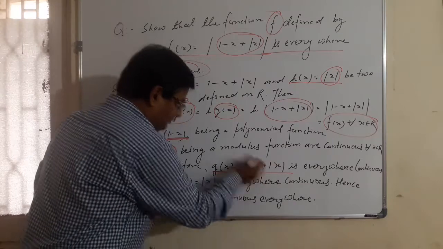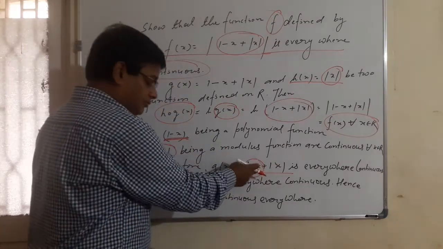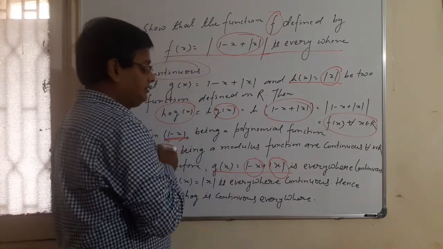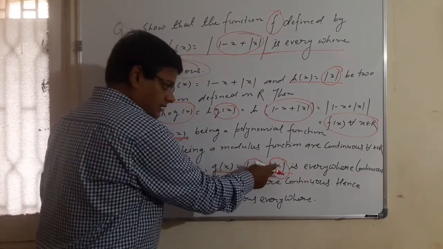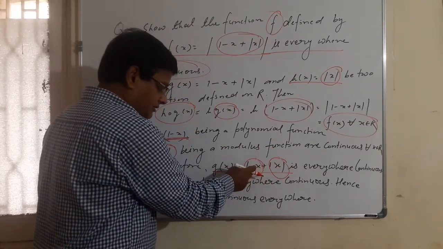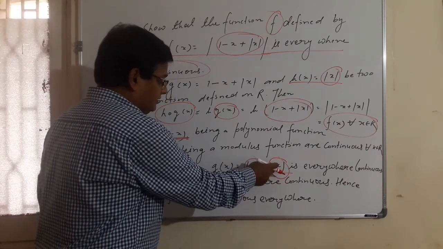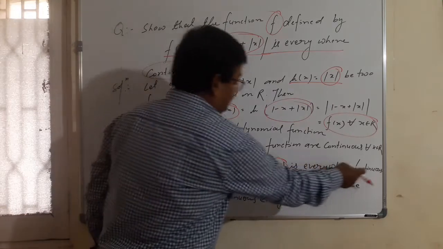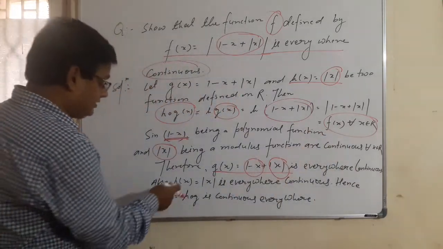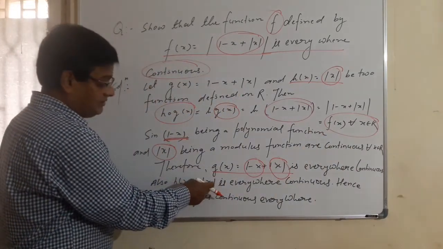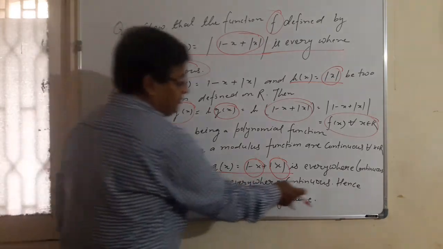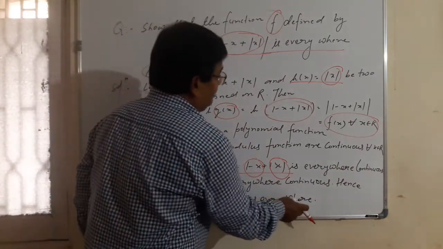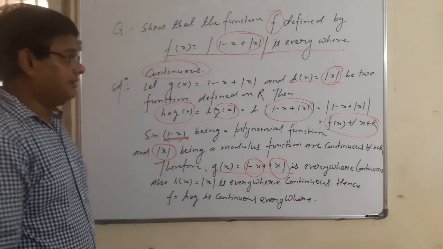We know that every polynomial function is continuous and every modulus function is continuous. Therefore the sum will be continuous everywhere. So h(x) is equal to mod of x, which is everywhere continuous. Hence h o g(x) is continuous everywhere.